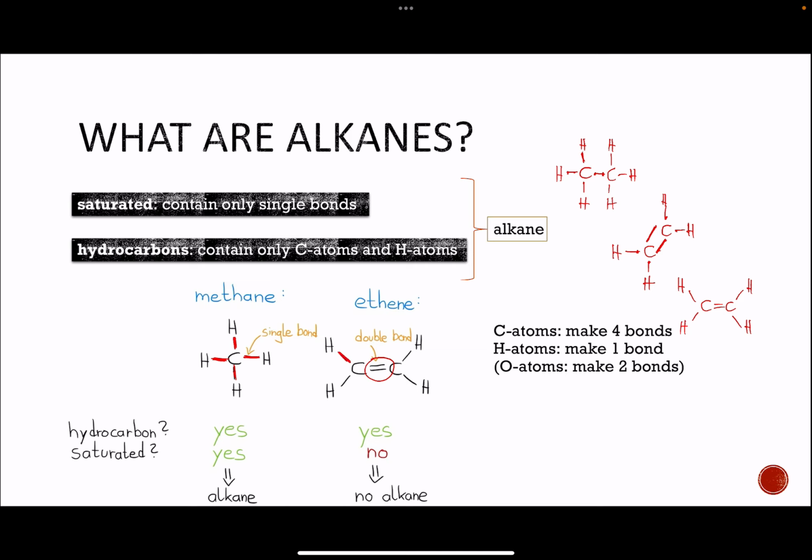So they make 2 bonds to 2 hydrogen atoms, but they also make 2 bonds to the other carbon atom. So in total, we also have 4 bonds for the carbon atoms within ethene. And yeah, as mentioned earlier, hydrogen always makes 1 bond. I think that can be clearly seen. And oxygen atoms make 2 bonds.